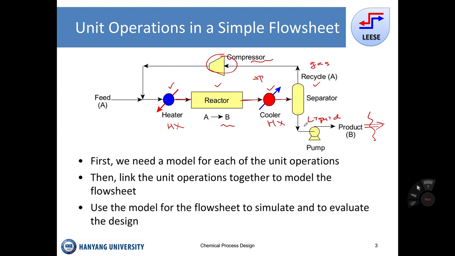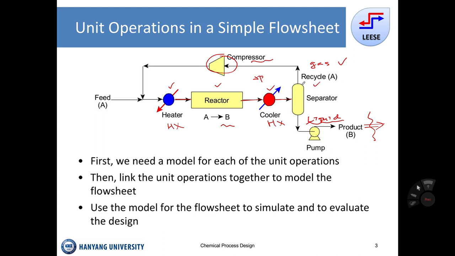So if we can avoid gas phase transportation, it is desired because compression is expensive compared to pumping. So typically in the separator, we try to produce the product in liquid phase rather than gas phase. But in some cases we may not be able to avoid gas phase production.